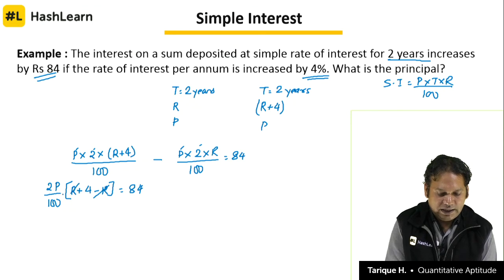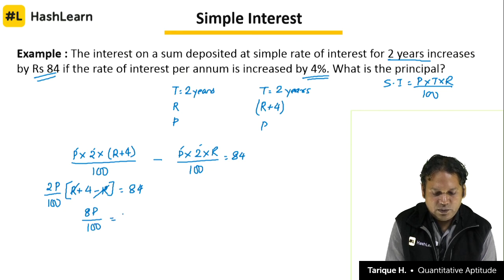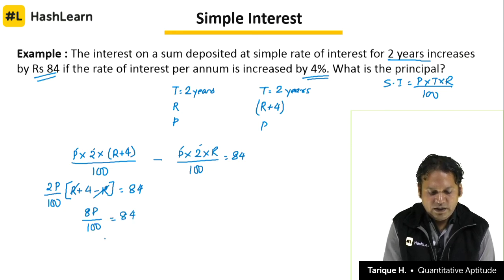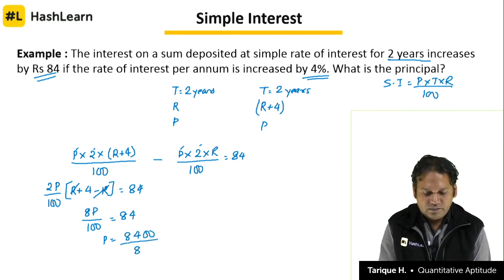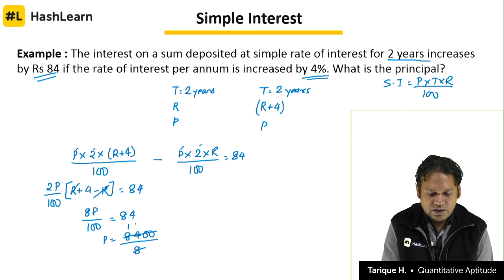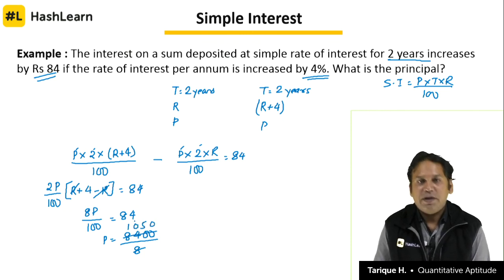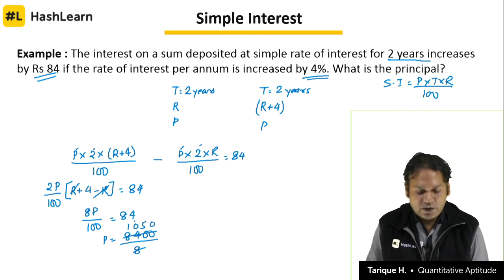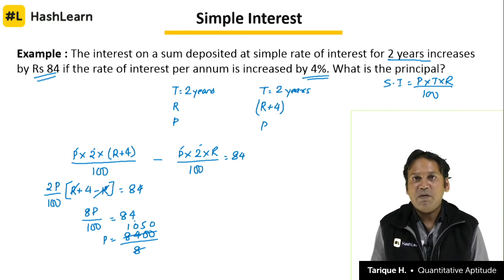R gets cancelled, so 4 into 2P, 8P by 100 is equal to 84. So P is equal to 8400 by 8, which is 1050. So what is the principal? 1050.